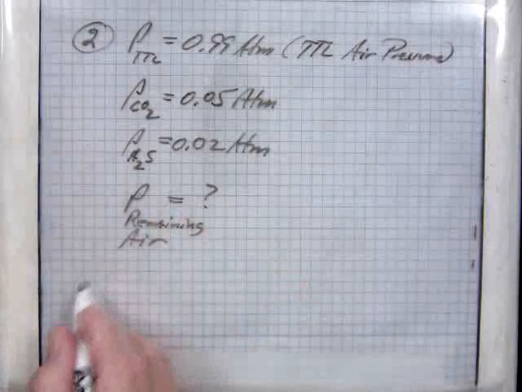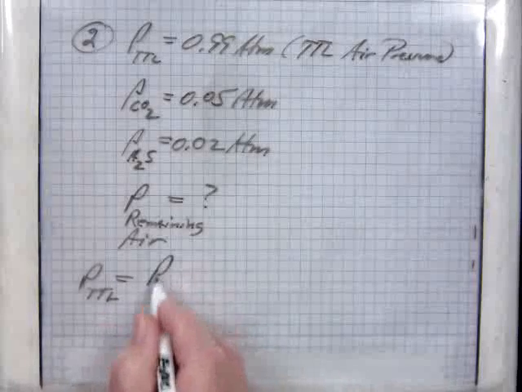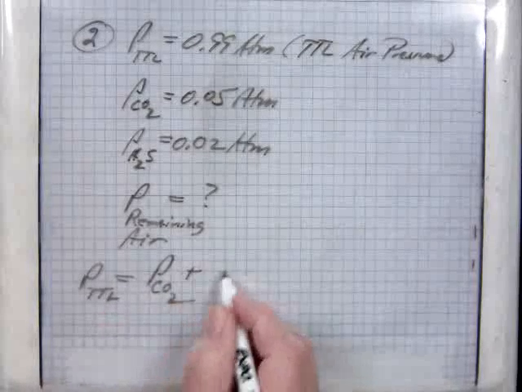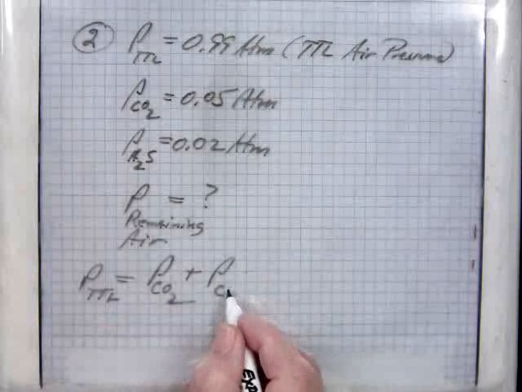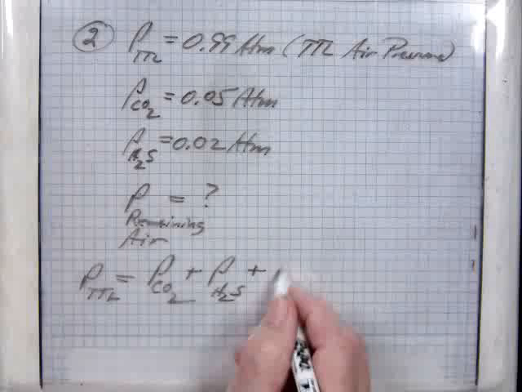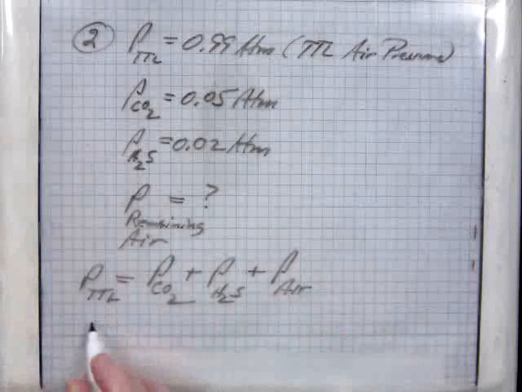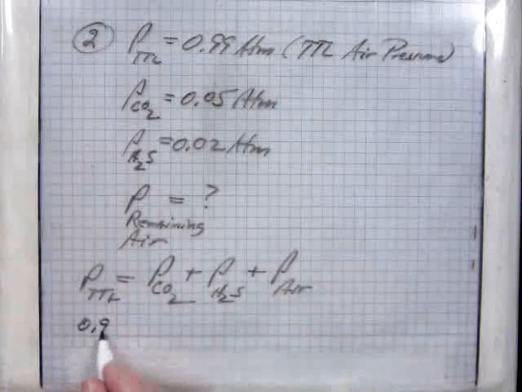So the total pressure is equal to the pressure of the CO2 plus the pressure of H2S plus the pressure of whatever the remaining air is.